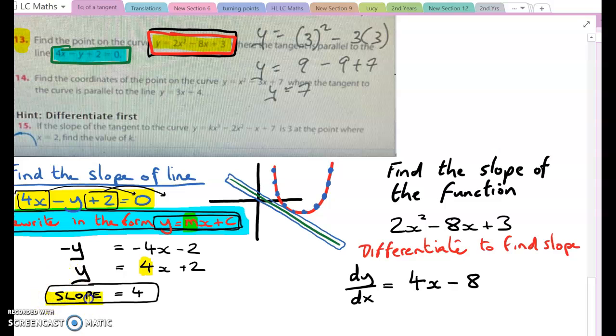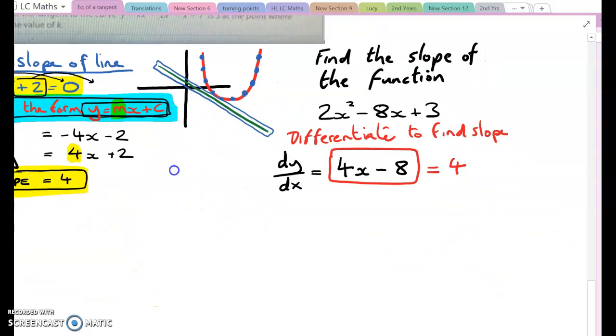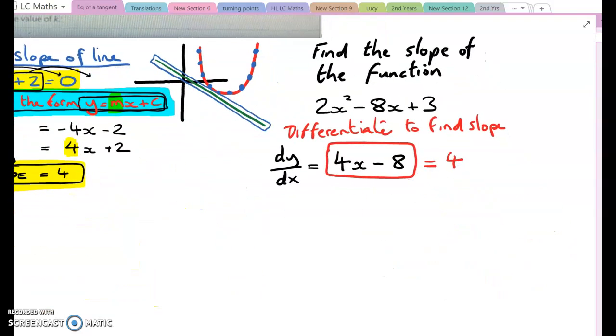But now this is where what I've gotten over here comes in. They tell us that the slope is equal to 4. So I put this differentiated version equal to 4 and solve it. So 4x minus 8 equals 4.